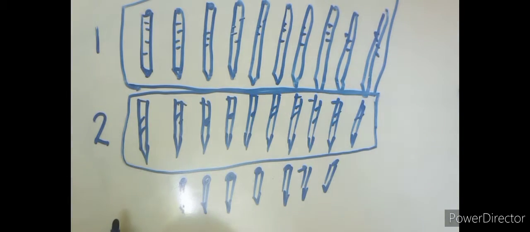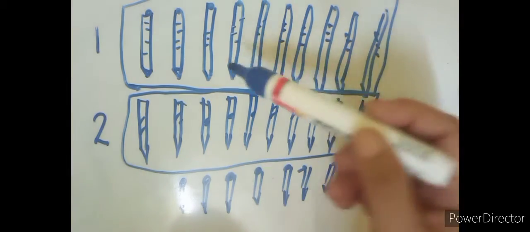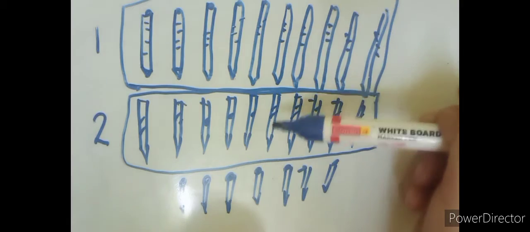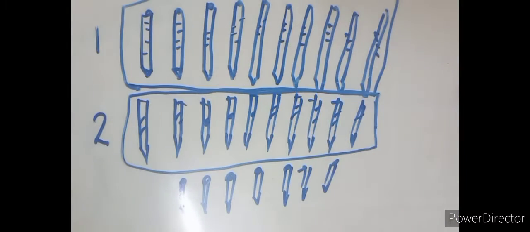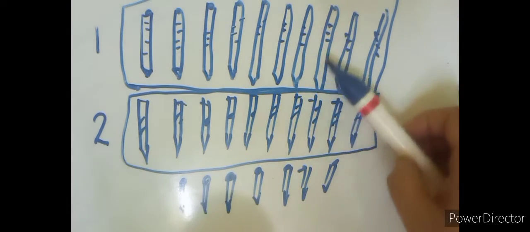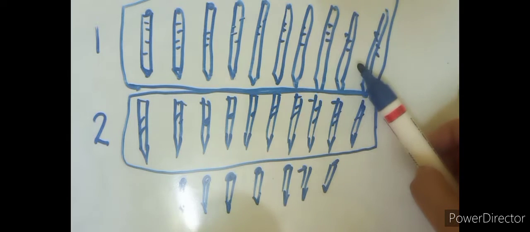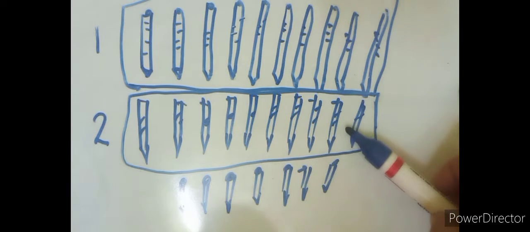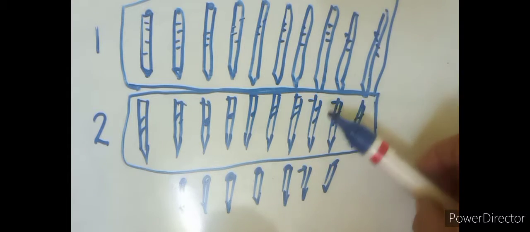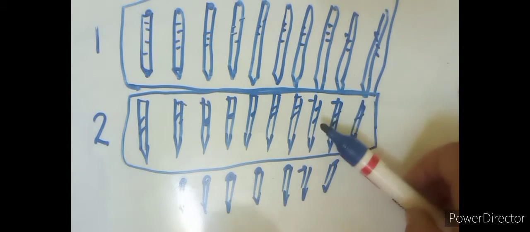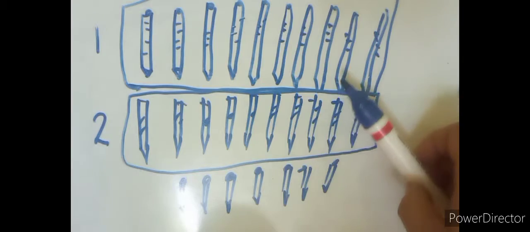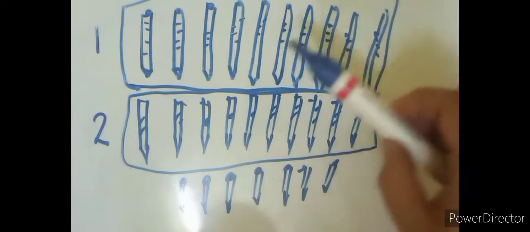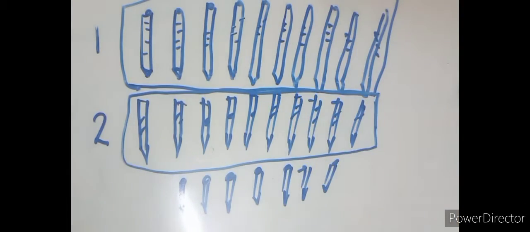Now count it. This is 2 tens. We call it 2 tens. Okay. This is a group of tens and this one is also a group of tens. I have made 2 groups of tens. So we call it 2 tens. Okay, हम इसे 2 tens बोलेंगे.